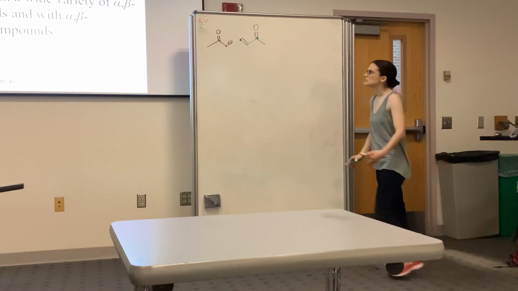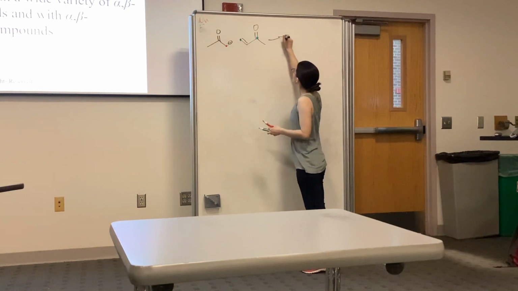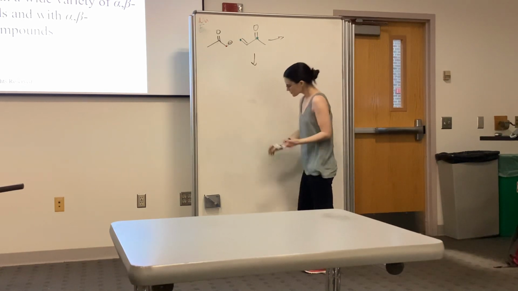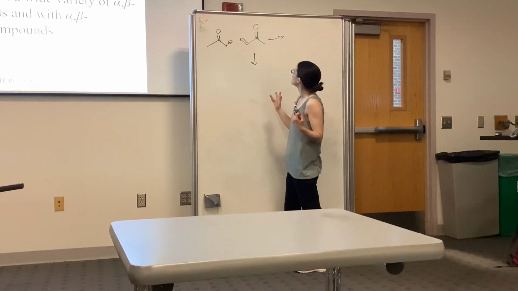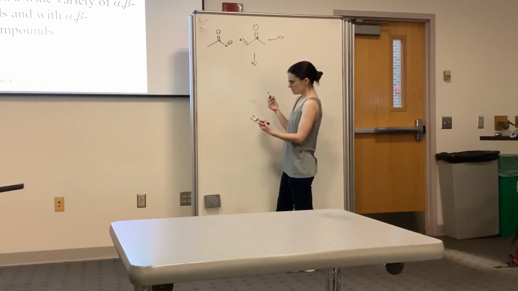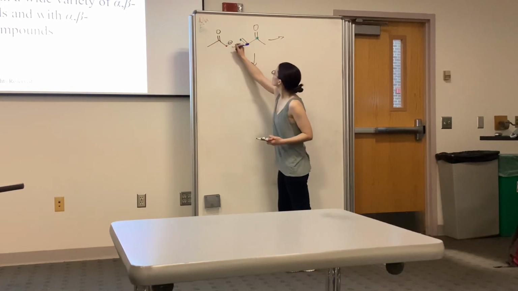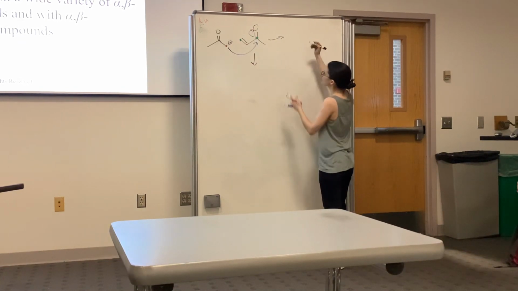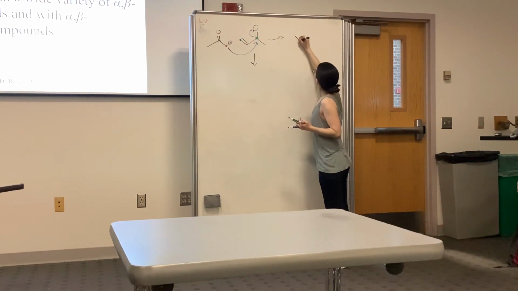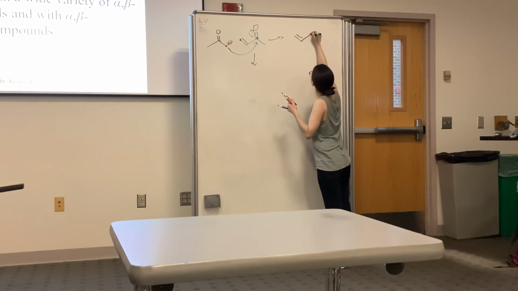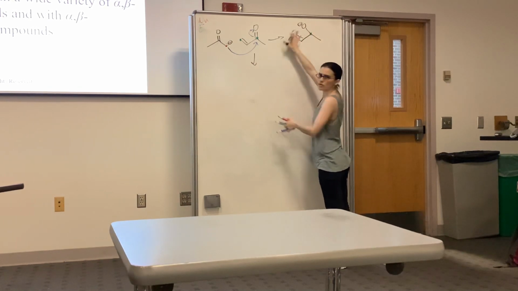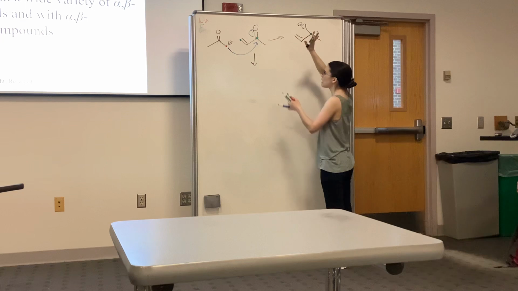So what do we get? There's two possible products, right? One of them happens when this guy attacks like we're used to, and we get that, this green. I'm not going to worry about acids or bases happening right now.